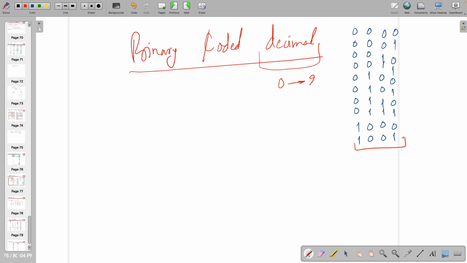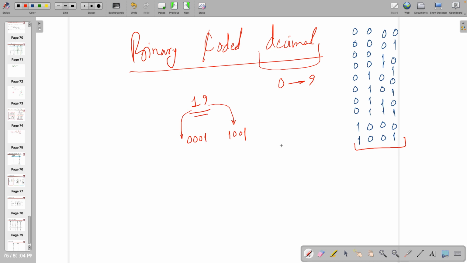Now let's assume that I want to write down 19 in binary coded decimal. You cannot write it the way we used to write in the binary system. What we are going to do is write 9 separately and 1 separately in binary, like 9 is equal to 1001 and 1 is equal to 0001.